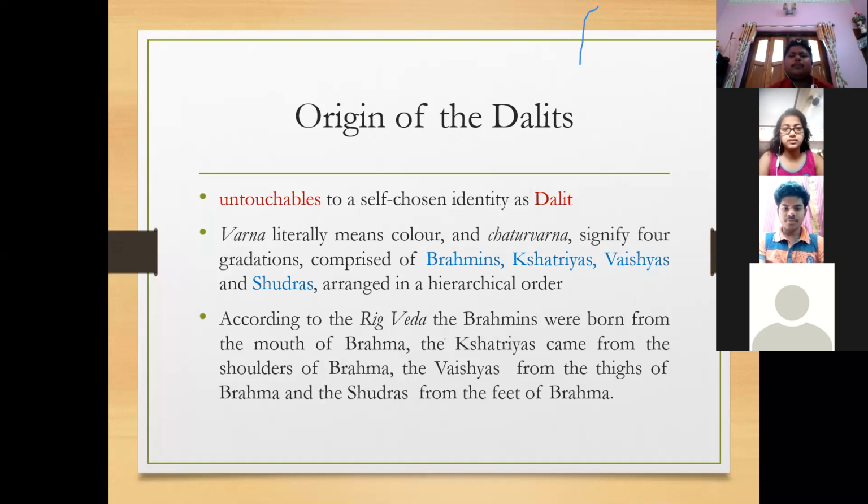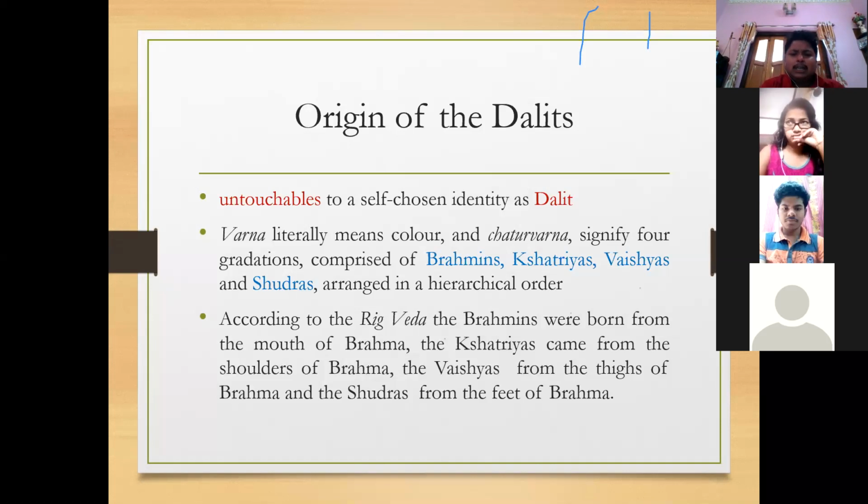Varna literally means color, and Chaturvarna signifies four gradations comprised of Brahmins, Kshatriyas, Vaishyas, and Shudras, arranged in a hierarchical order. According to the Rig Veda, the Brahmins were born from the mouth of Brahma, the Kshatriyas from the shoulders of Brahma, the Vaishyas from the thighs of Brahma, and the Shudras from the feet of Brahma.